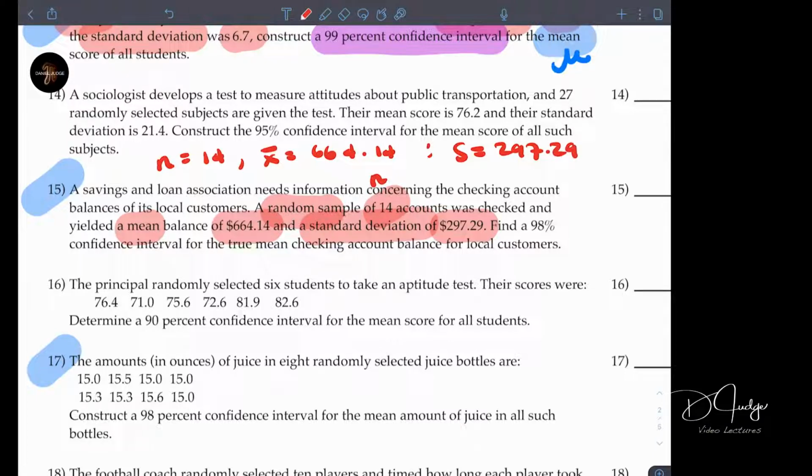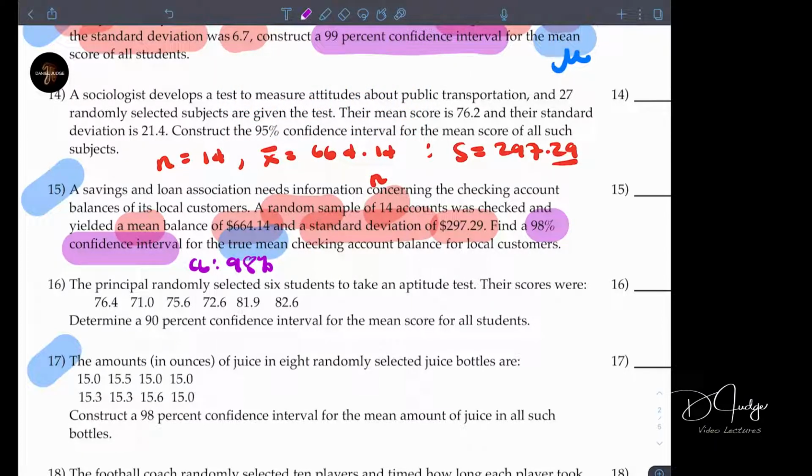It's not small. And then they say find the 98% confidence interval. Well, that's the confidence level, 98%. It's kind of funny because it says confidence interval for the true mean.